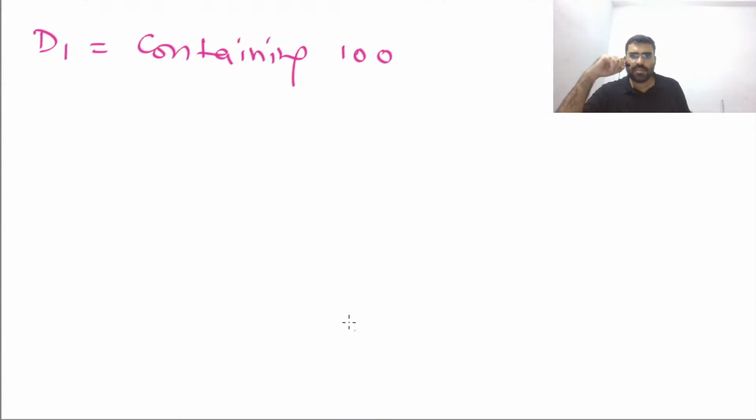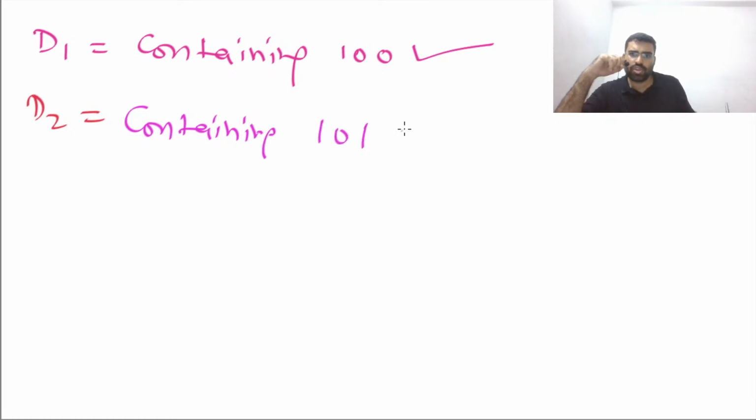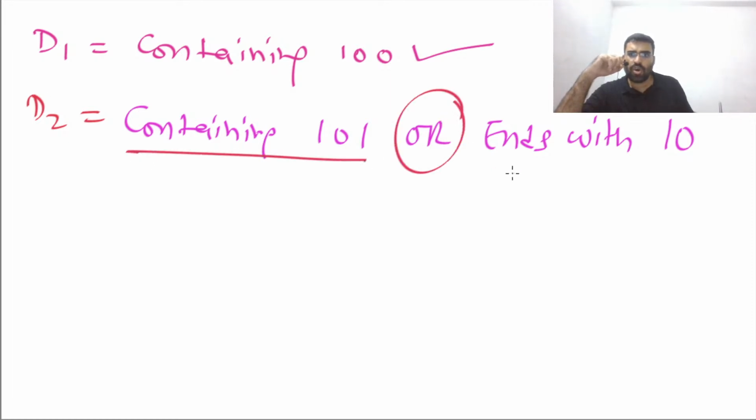So first you create a DFA containing 100. Then you create a DFA which either contains 101 or ends with 10. If you contain 101, then there is 10 individually.